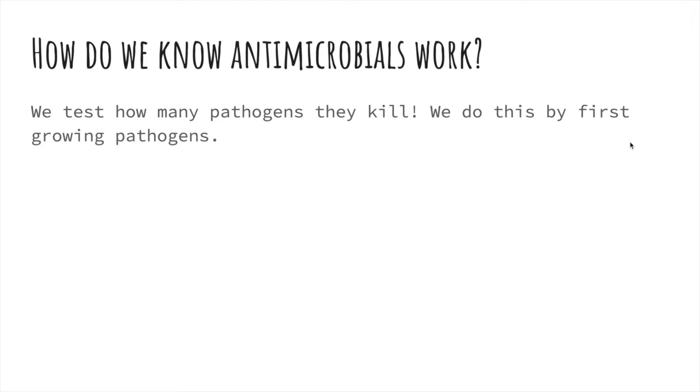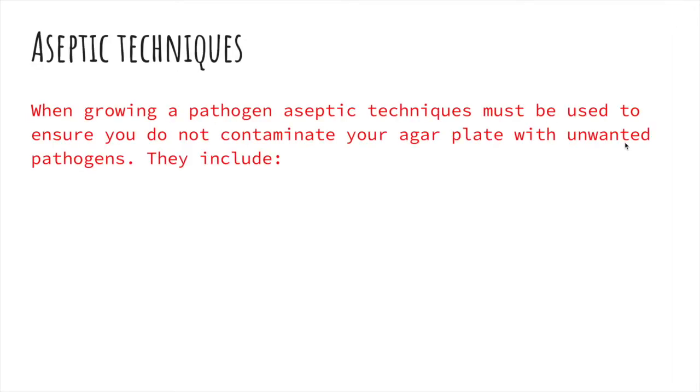Okay, so growing pathogens, growing microbes like this can be quite a risky business, and so you need to take certain precautions in order to be safe and make sure you're growing just what you want to grow. When growing pathogens, we use something called aseptic techniques, and aseptic is just another word for sterile.